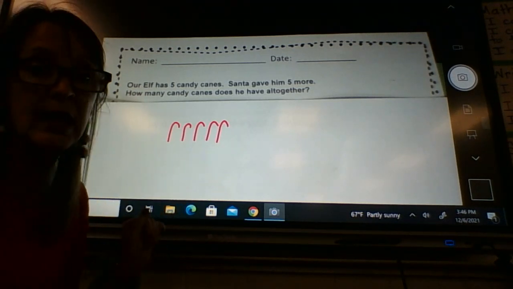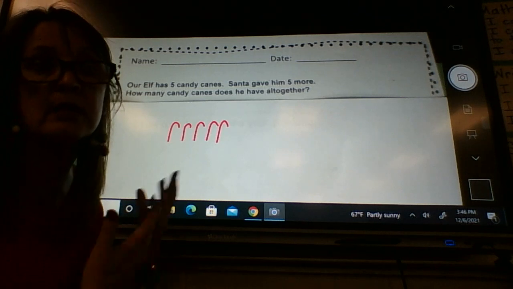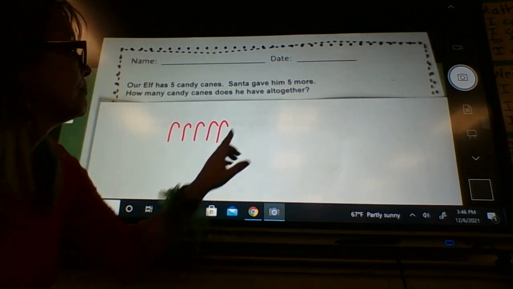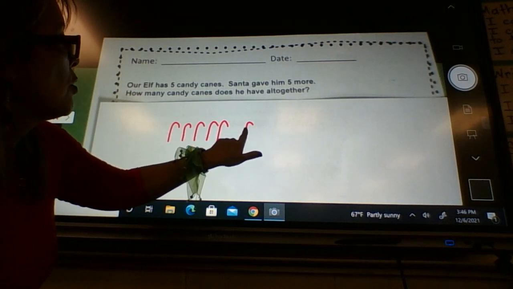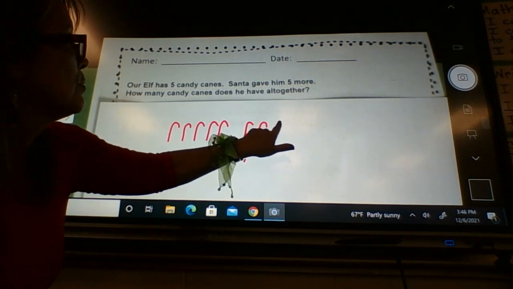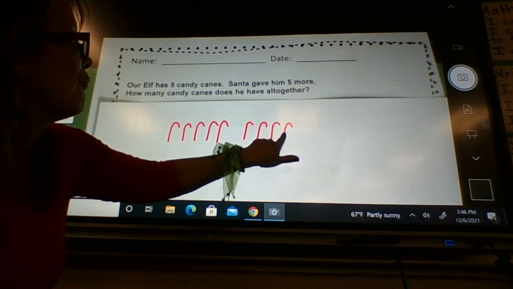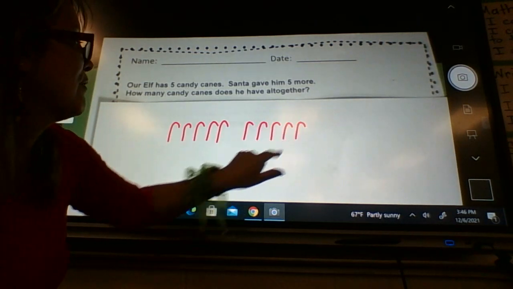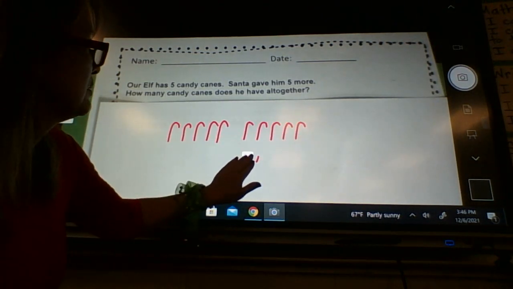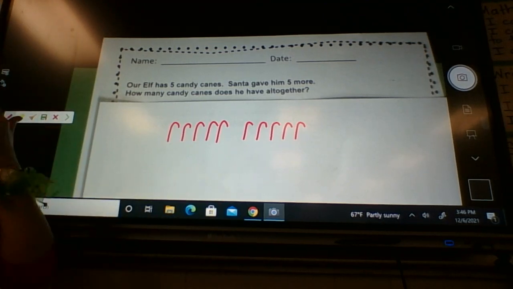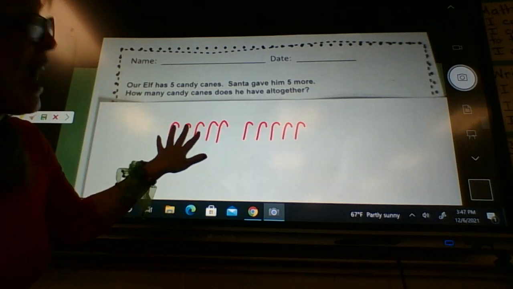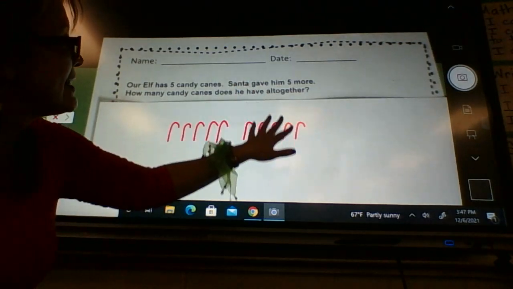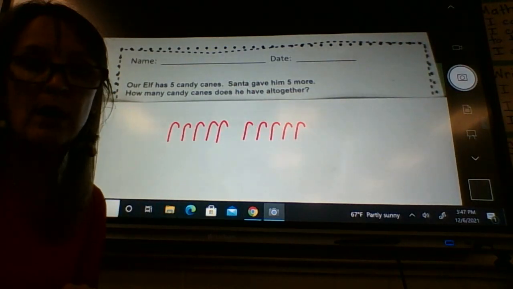So now we're going to have to draw some more because he's getting more. So we'll draw 1, 2, 3, 4, 5. So this is what the elf had, and then Santa gave him 5 more.